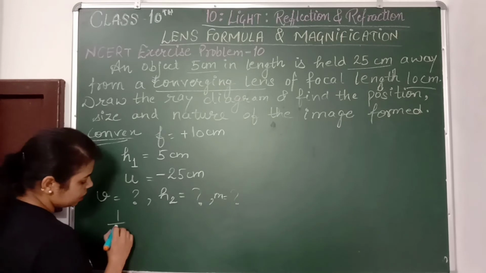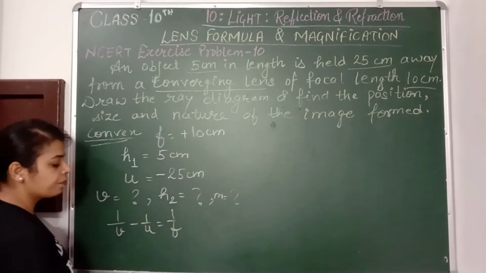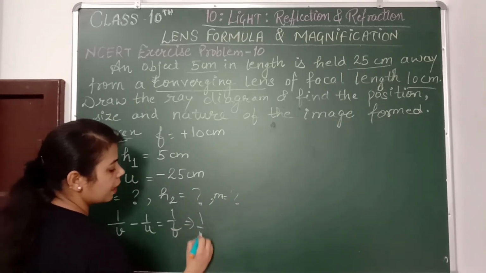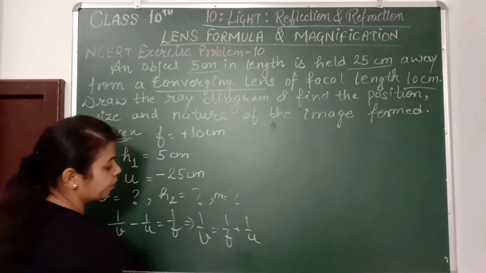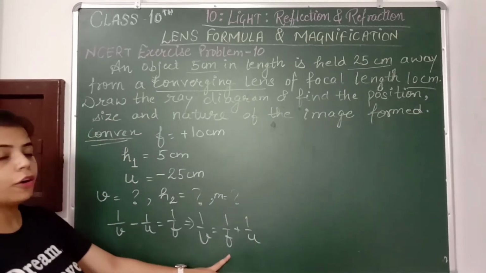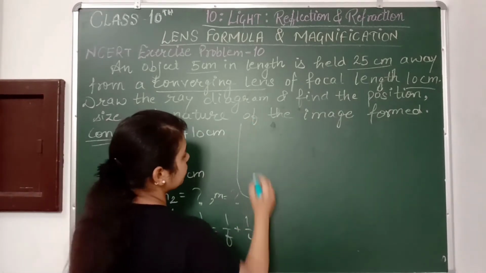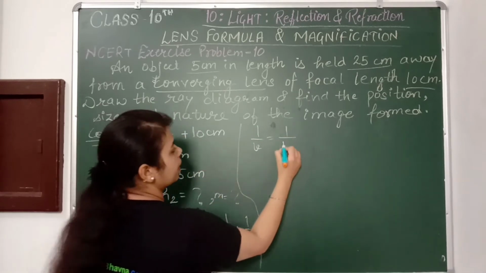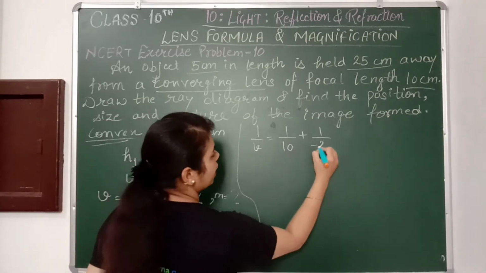Lens formula says 1 by v minus 1 by u equal to 1 by f. And we have to find v. So for v it will be 1 by v is equal to 1 by f plus 1 by u. Now we will substitute the value of f and u in this formula. We will get 1 by v is 1 by f means 1 by 10 plus 1 by u, which is minus 25.